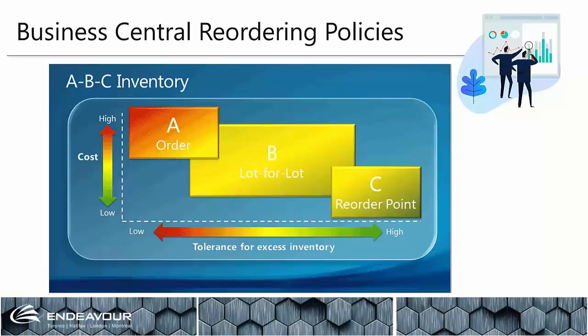The most common planning reordering policy is lot-for-lot. It's mainly used for components that occur in multiple bills of materials in the manufacturing world. The system tends to bucket the supply for multiple demands.